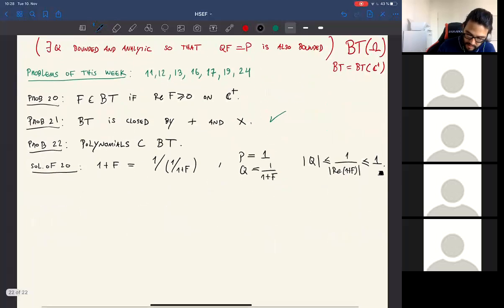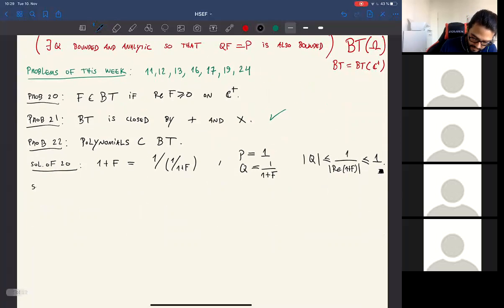Okay, then let's solve 22. For polynomials, we only need to show that z belongs to bounded type, the function equal to just z. Because then any monomial, which would just be a product of a bunch of linear functions, will belong to that, because bounded type is closed by sum and by product.